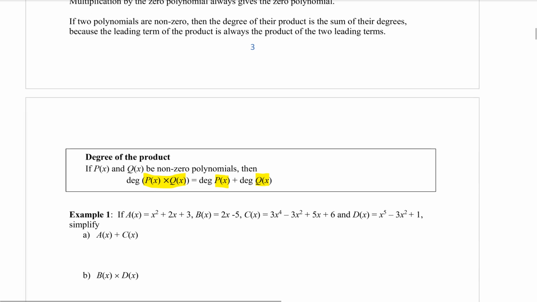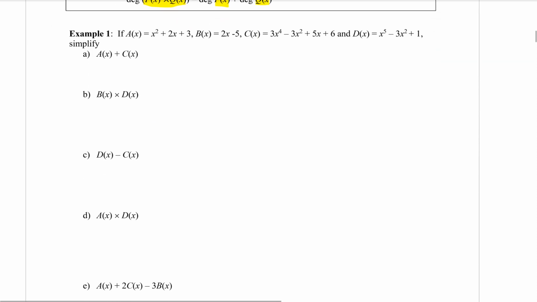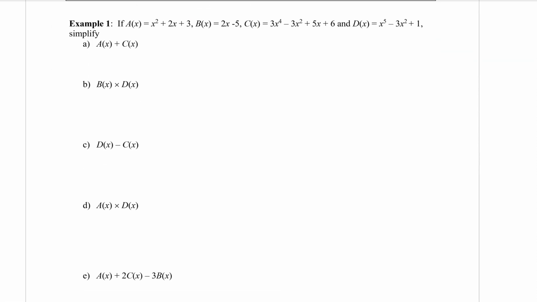Here are some examples like the ones you're going to see in your textbook. If a of x equals x squared plus 2x plus 3, and b of x equals 2x minus 5, and c of x equals that one, and we have all these different polynomials, okay? It wants me to find a of x plus c of x, so we're adding. So write down the polynomials that you're adding.